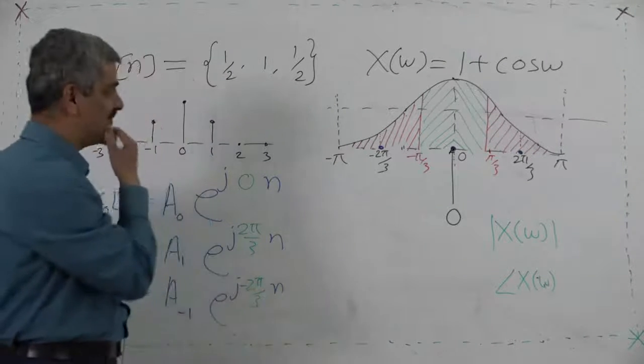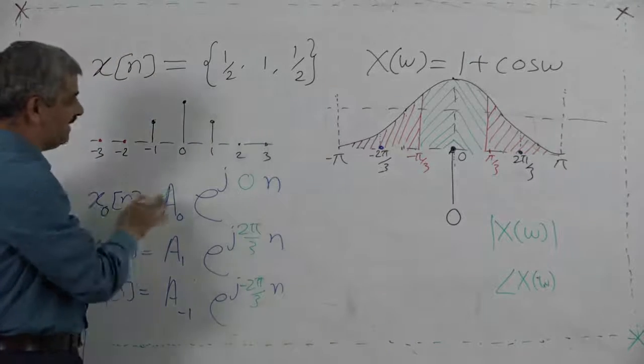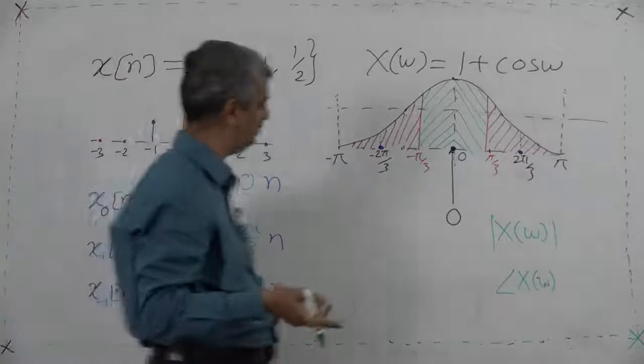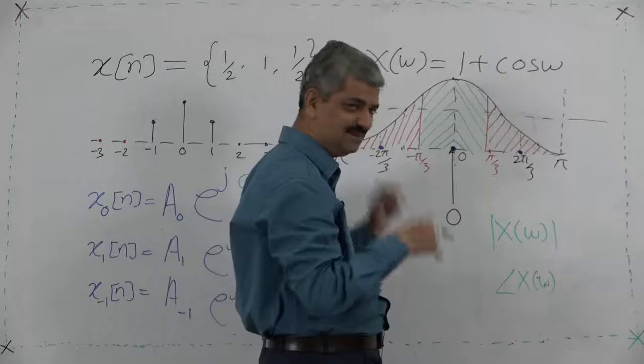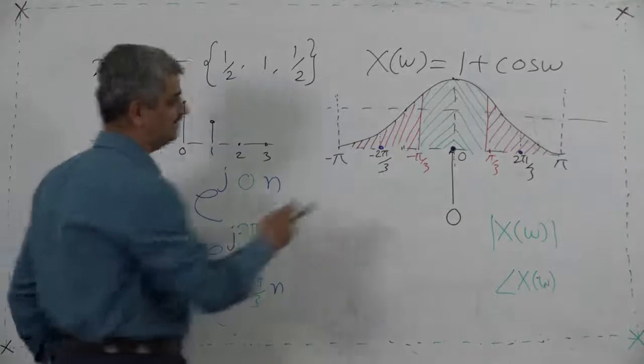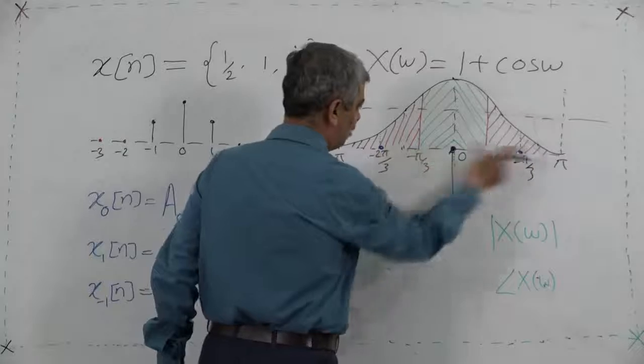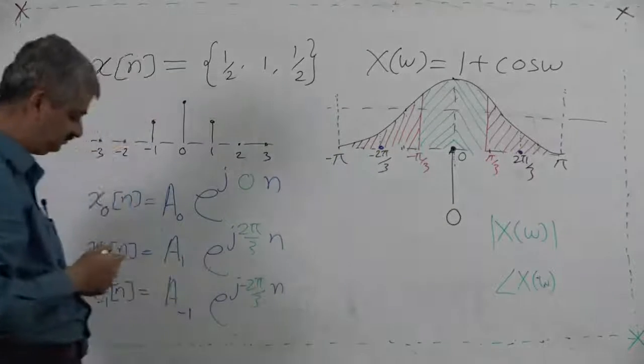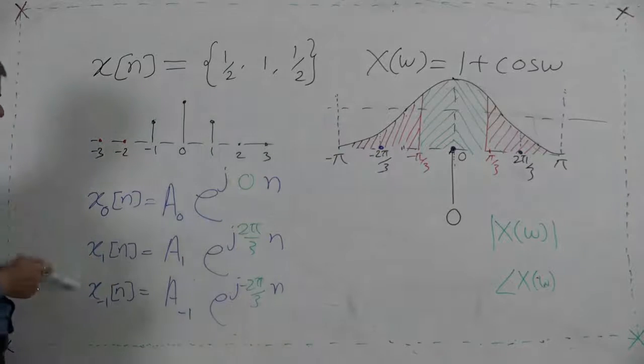What are the values of area? You can compute later on. It is symmetric, so A1 and A minus 1 will be the same, and the middle will be large, these two will be small areas. So, I get 3 subcomponents.